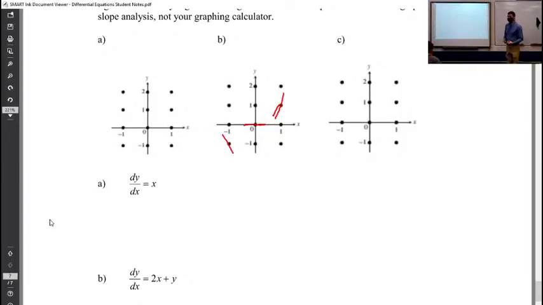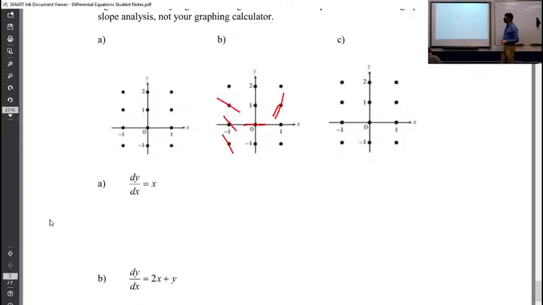How about when x is negative 1 and y is 1? When x is negative 1 and y is 1, that's going to be negative 2 plus 1 is going to be a negative 1. When x is negative 1 and y is 0, that's going to be a negative 2.